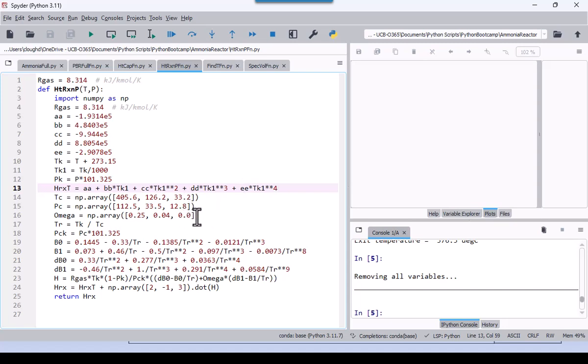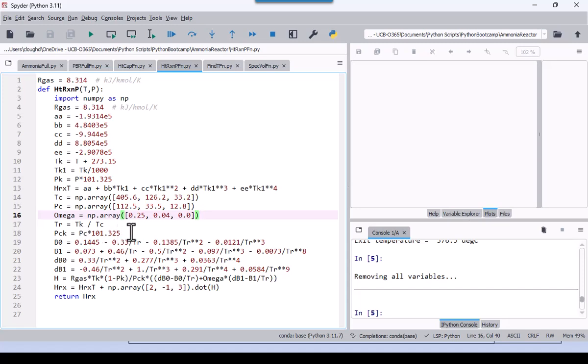We have an omega array here. This goes back to that slide that showed you how we were getting the change in enthalpy due to pressure. We have a reduced temperature, the temperature in kelvins divided by the critical temperature, and we do this for each one of our components.